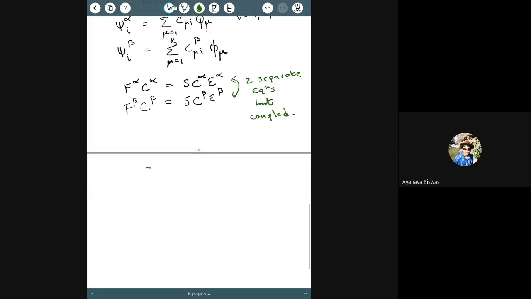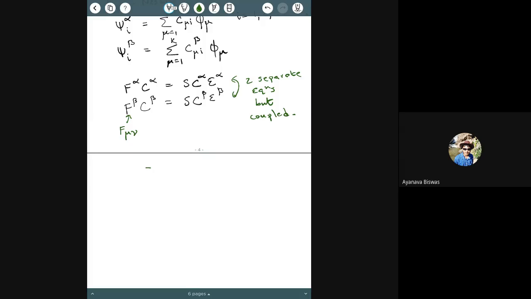Remember these Fock operators are of the type mu nu, so this matrix is in the basis. Before we see what exactly goes into F mu nu, we have to look at it, because it's slightly different.